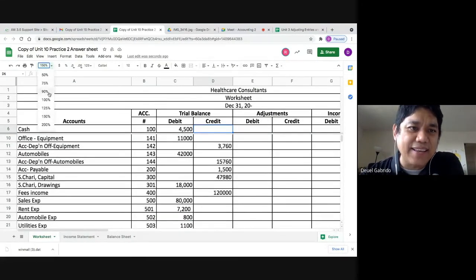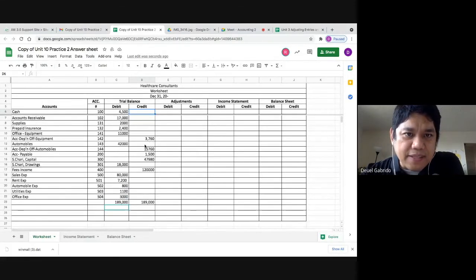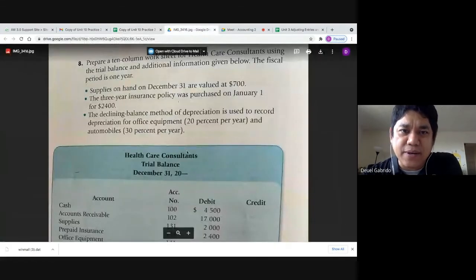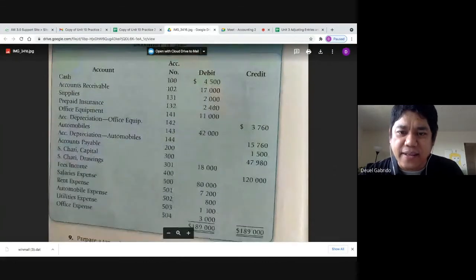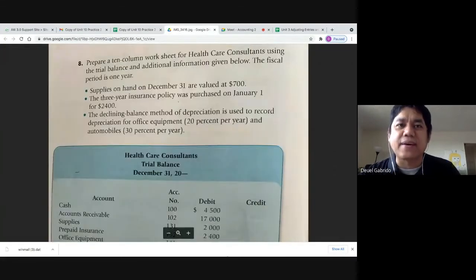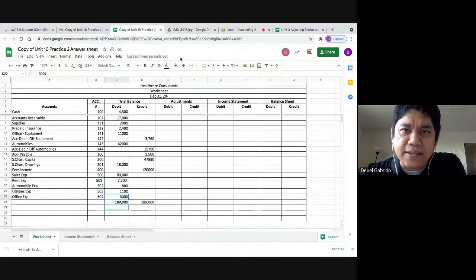Let's see if everything is here. Then the sum, he performed an operation here. It's 189,000, which is the same as yours. Correct. Very good. Now let's put a single line so that we can easily see it.